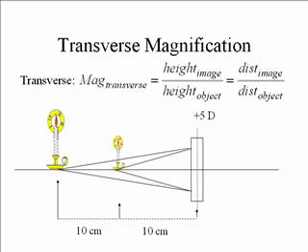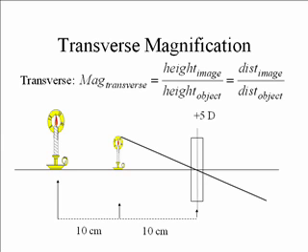This is a very similar problem, except in this case, the object is this one over here, and the image is this one. And we have not a -5 lens, but a +5 lens in this case. We're going to draw a central ray, and as always, we draw the central ray from the top of the object through the center of the lens.